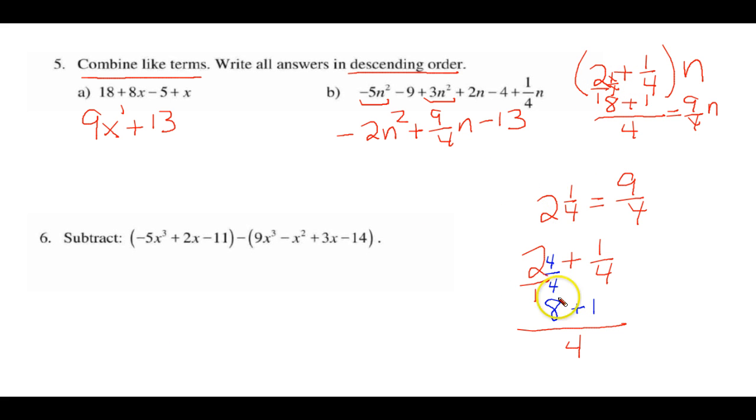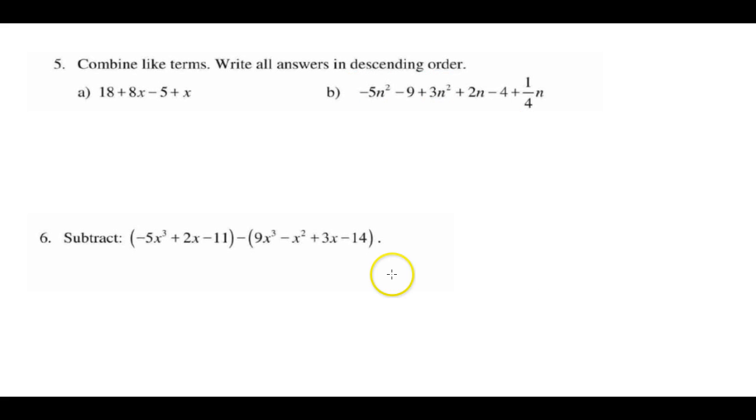Okay, let's look at our next one here. Now, for this one, we have a negative sign followed by something that is in a parenthesis. Now, there is a protocol for dealing with this, and that's what I want to show you.